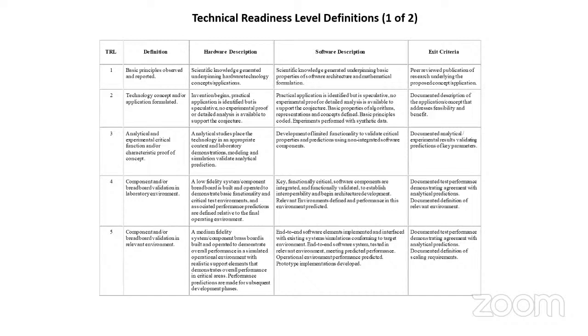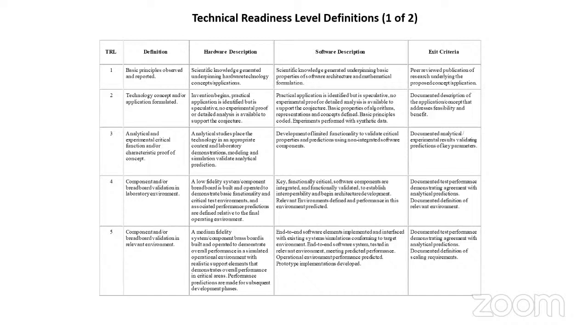For the hardware description: invention begins, a practical application is identified, but it is speculative, with no experimental proof or detailed analysis available to support the conjecture. For the software description: practical application is identified, but it is speculative, with no experimental proof or detailed analysis available to support the conjecture; basic properties of algorithms, representations and concept definitions, and basic principles coded; descriptions of the application concept that address flexibilities and benefits.